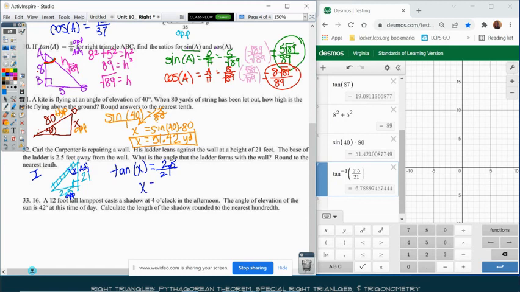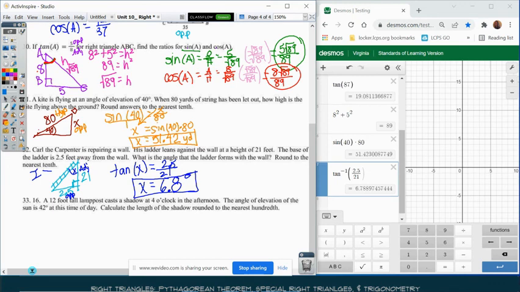So my angle must be about 6.79 degrees when you round that. Oops, this one even said round to the nearest tenth there, so I'd better erase a little bit. Right, and so for the nearest tenth, that would just be one decimal place. So I'm talking about 6.8 degrees then for us.